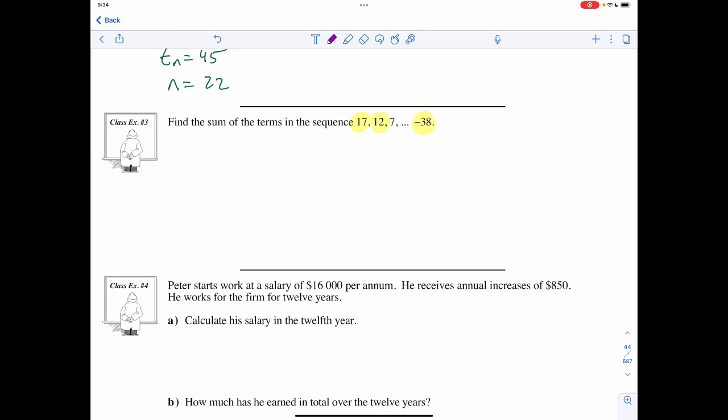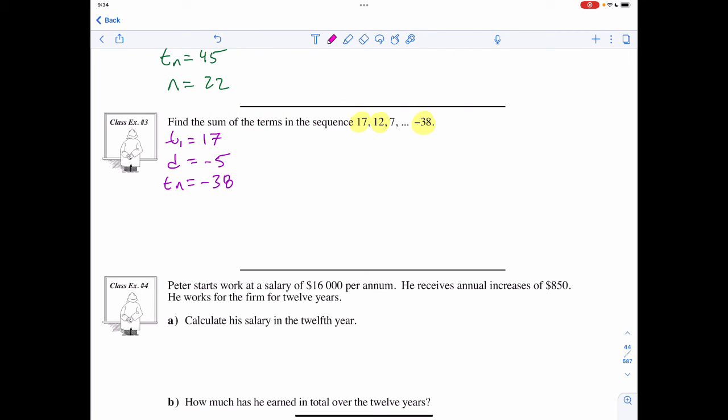Then I can say that t1 is 17. The common difference is negative 5. Tn is negative 38. And now I need to determine n using my sequence formula.